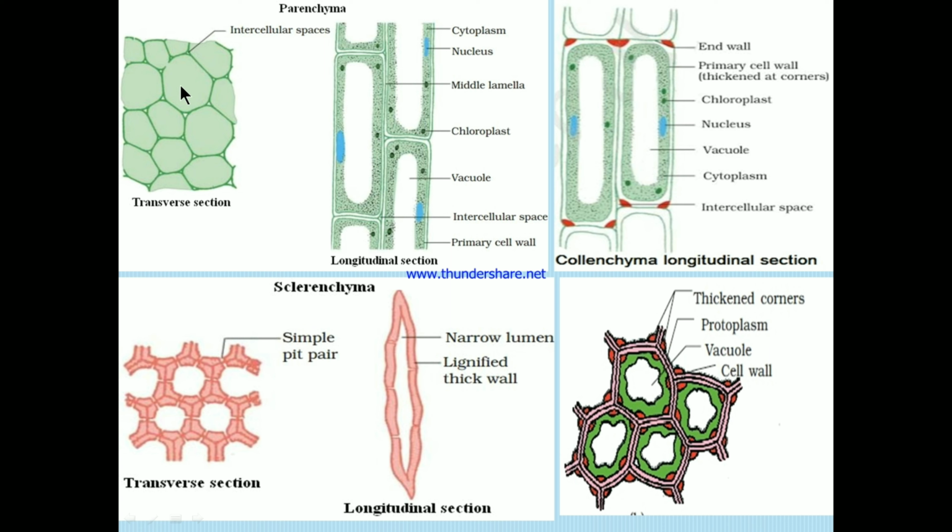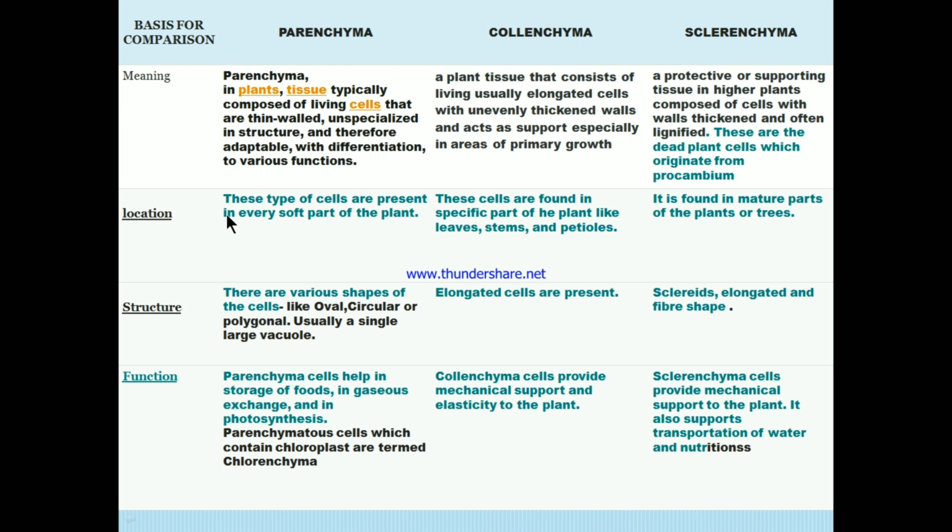I haven't shown the cell organelles in the cells, but if you find chloroplast in a parenchyma cell, then those parenchyma cells which contain chloroplast are called chlorenchyma. Chlorine comes from chloroplast. So parenchyma cells which have chloroplast are called chlorenchyma. Just keep that in your mind.